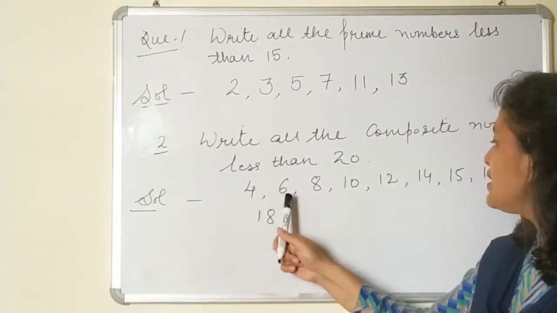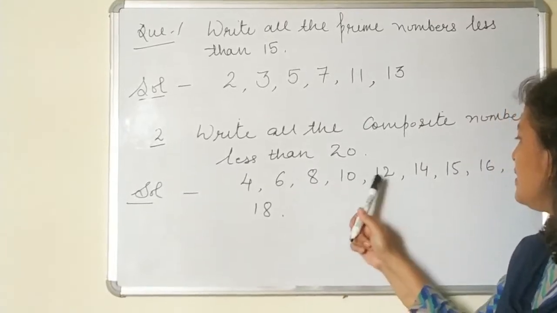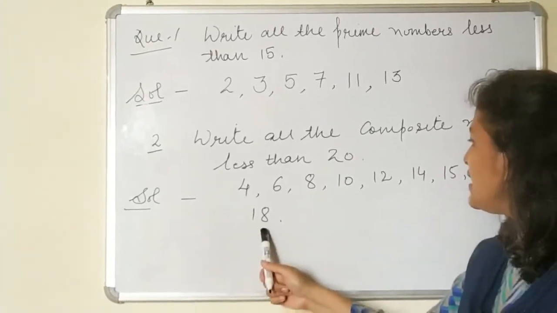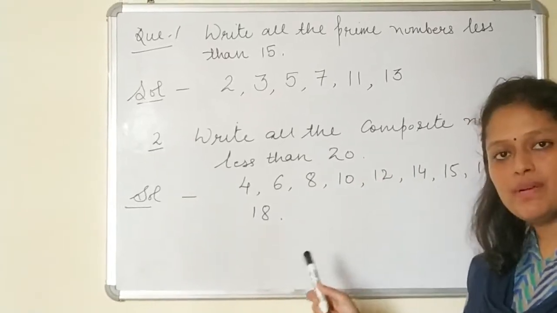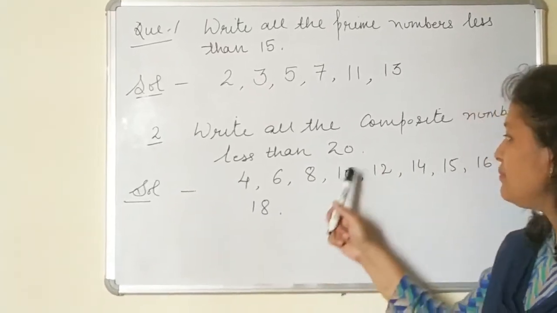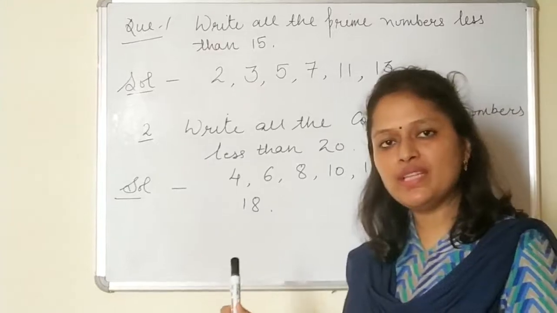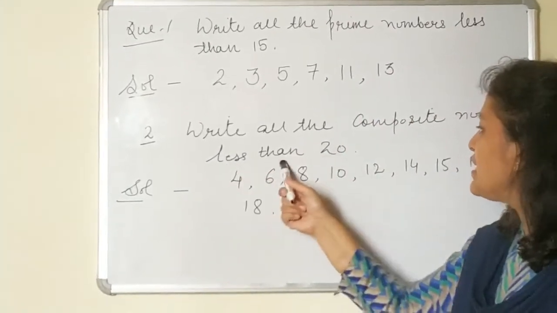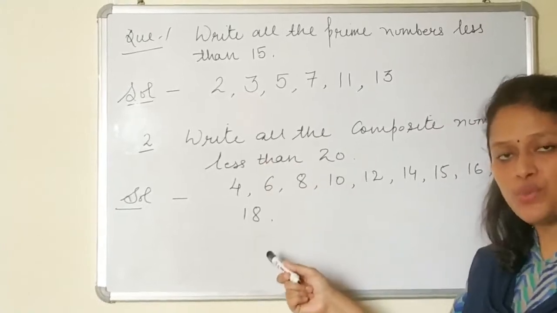So 4, 6, 8, 10, 12, 14, 15, 16 and 18 are the composite numbers less than 20. Now why have I not written 20? Because I have to write all the composite numbers less than 20. So I cannot write 20 here.